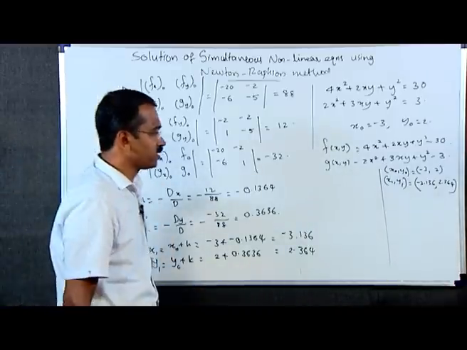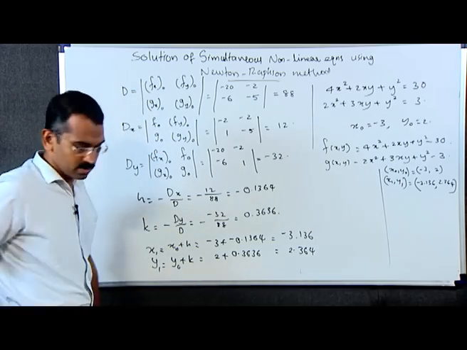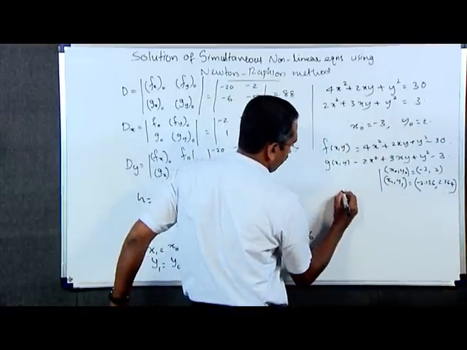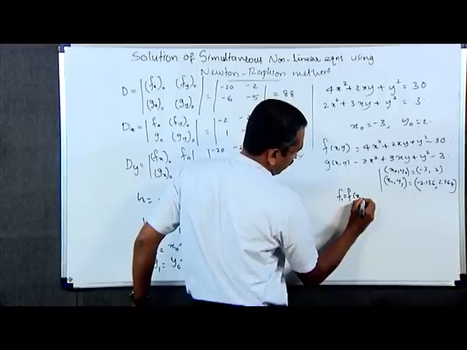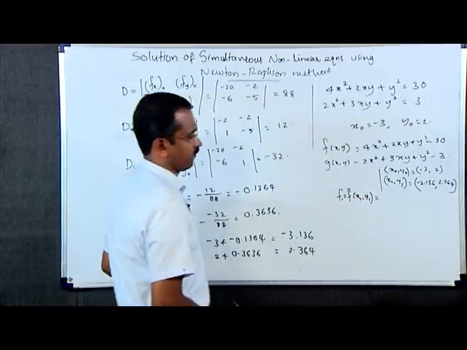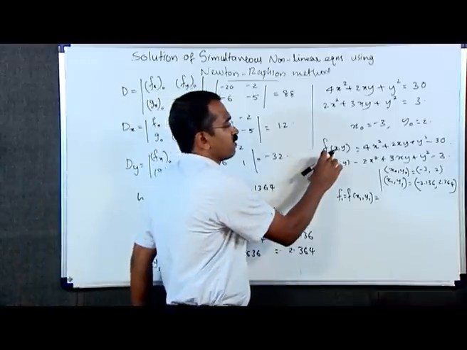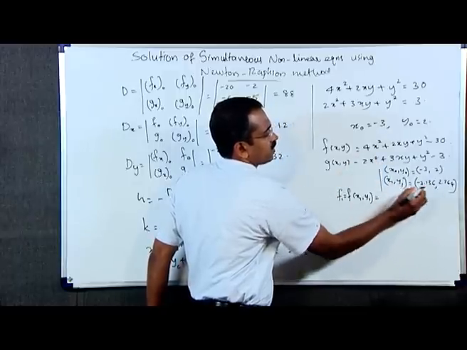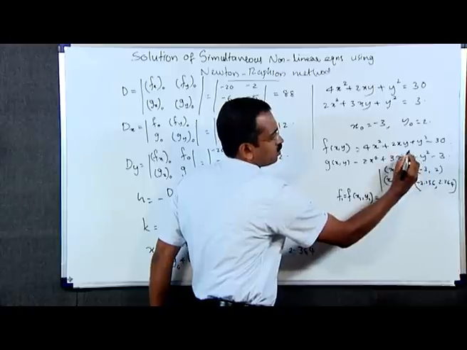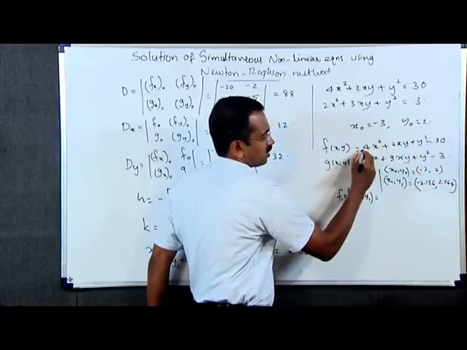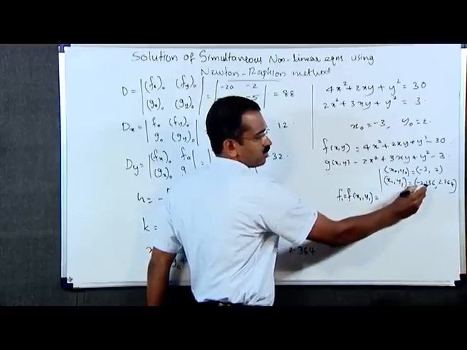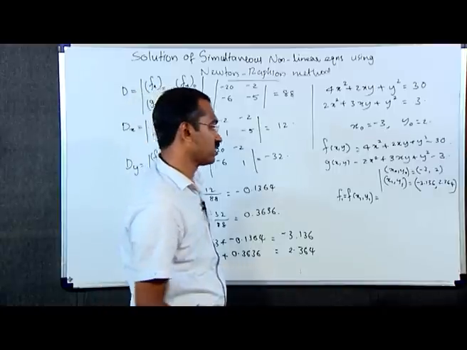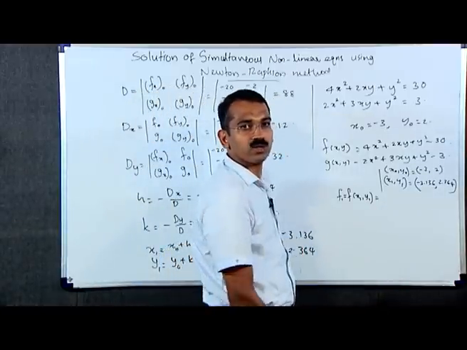Now, we evaluate f1. f1 means f of x1, y1. This is our f of x, y. Putting x1 is equal to minus 3.136 and y is equal to 2.364 in this expression, we will get f1 as 0.0995.